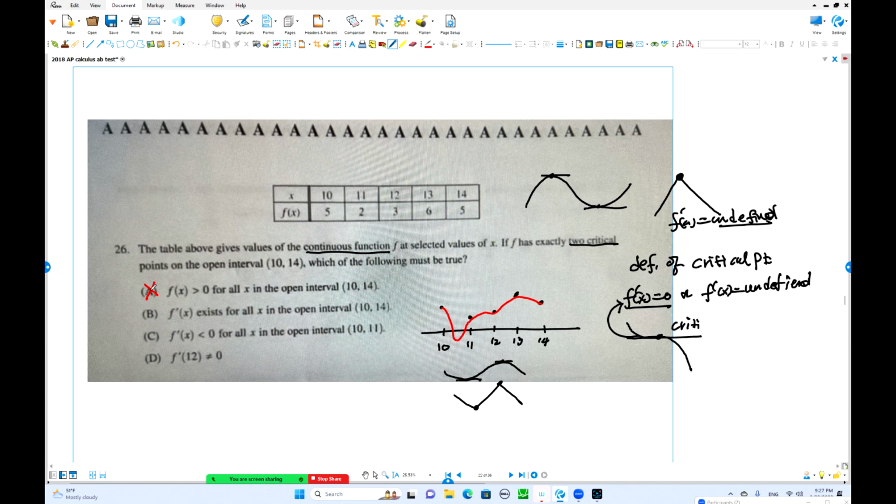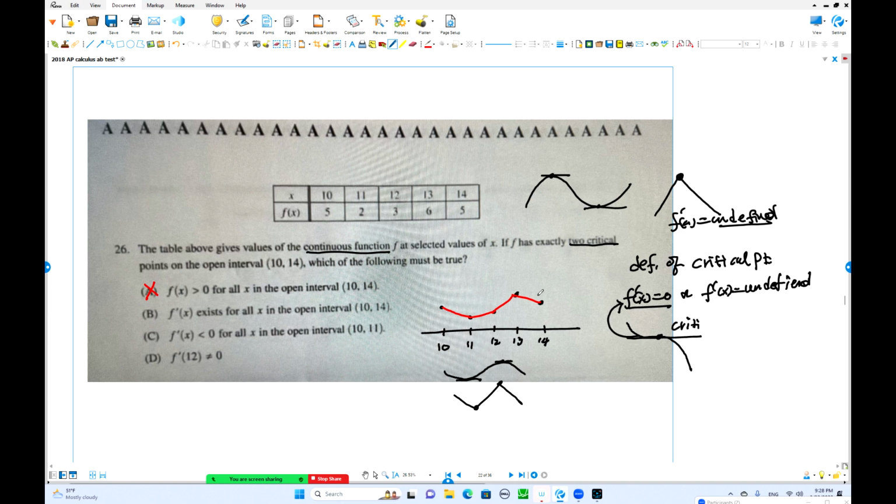Now the second one. f prime exists for all x. F prime means the derivative exists, which means f of x is differentiable between 10 and 14. This one is differentiable, but what about this one? This is continuous.